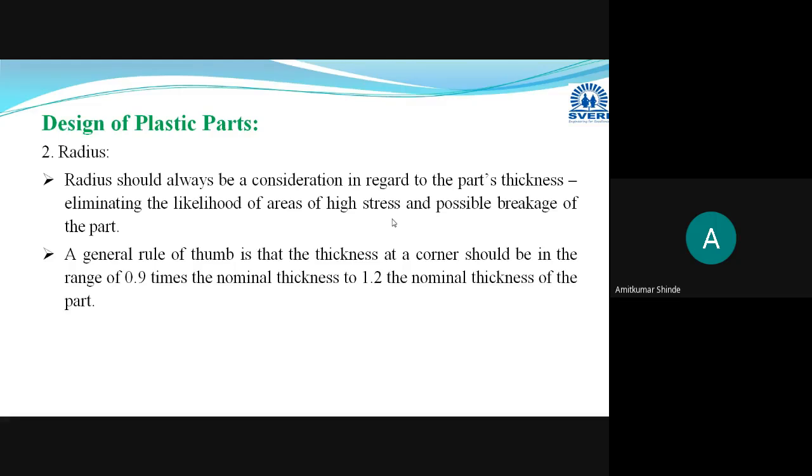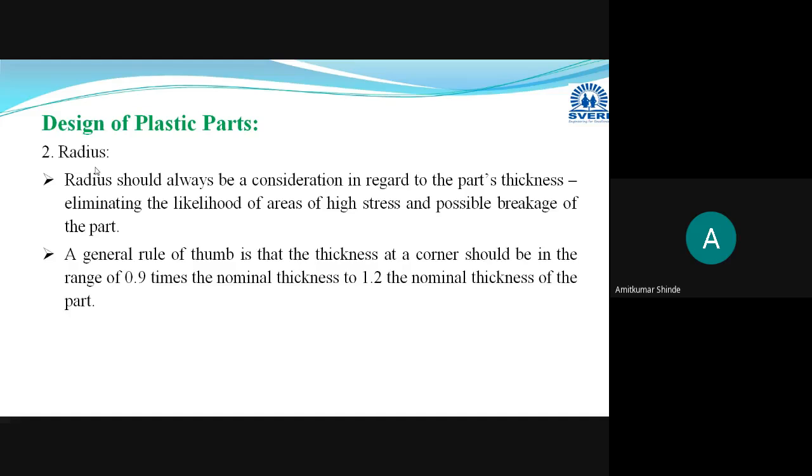To avoid the high stress points and to avoid the breakage of that particular component, we are providing a radius, or you can say we are providing corners. Just in a simple way, corners are provided. Now, how much radius should be provided?